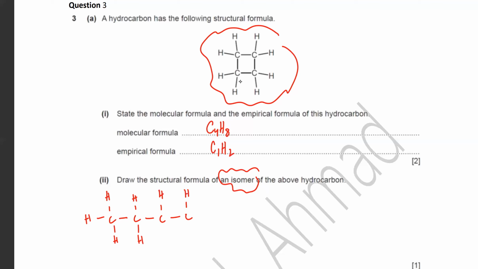Now here you've run out of hydrogen, so there must be a double bond somewhere, because you need just 8 hydrogens, not more than 8. So there will be a double bond, and there can be many isomers of this. What you could have done was the double bond position could be in the middle.